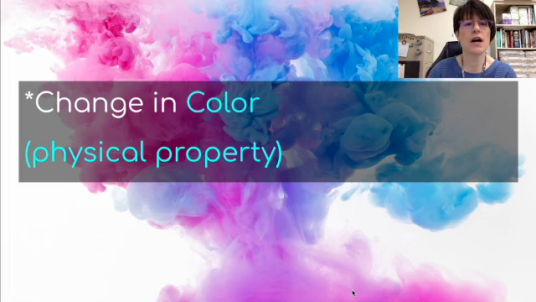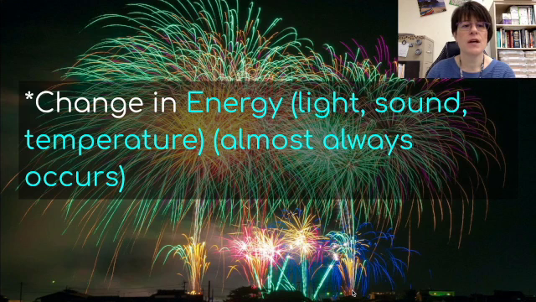Changes in color. Sometimes there is a color change, and color change is a physical property that we are looking at. So we'll be looking for color changes. Also, a change in energy, such as light is produced, like when you start a match and you're burning wood. Sound, you hear a sound like a pop or a bang.